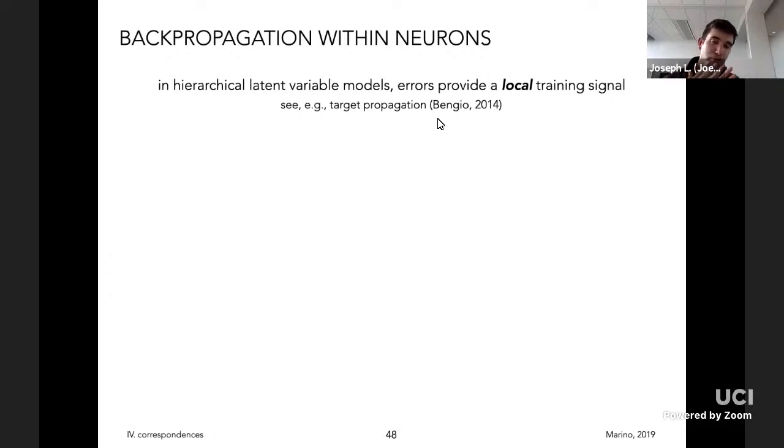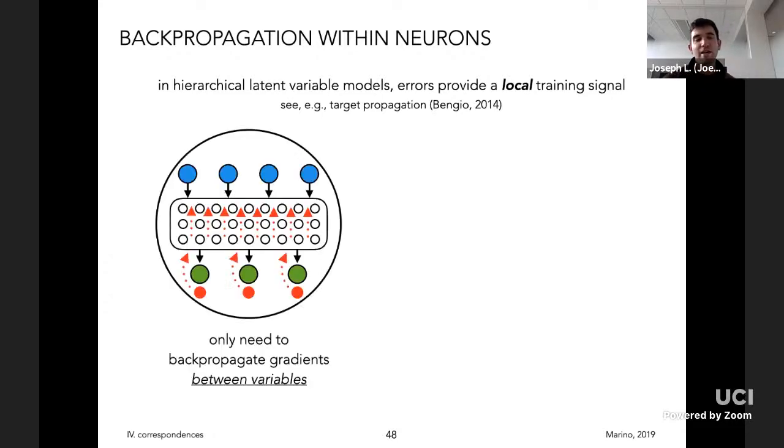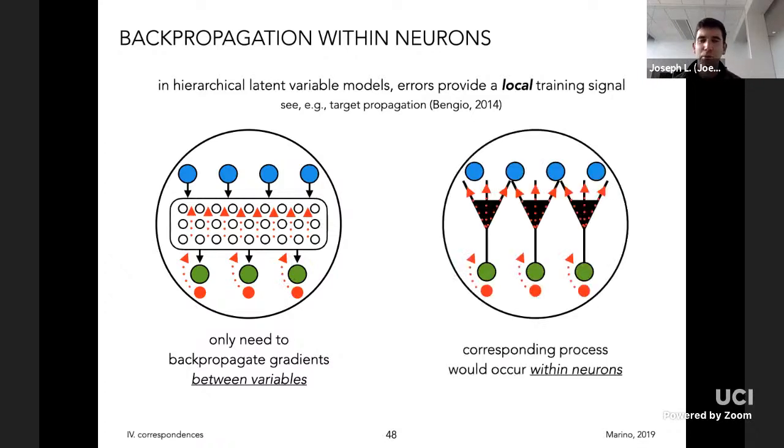You don't have to do this backpropagation procedure across the entire network because all of the training happens at local modules. So if you look now at the variational autoencoder view of this, you're only backpropagating within the networks. You're not backpropagating across variables. So you're only backpropagating here from this error back into this network, and then you're done. Whereas now that would imply that if you were going to find backpropagation in the brain, you would only really expect to find it within neurons.